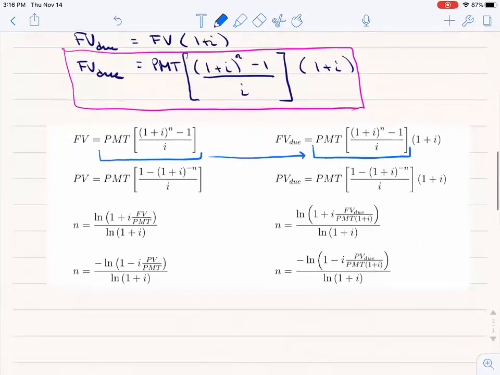Same thing if we go on to the present value due, it behaves the same way. We've just got that extra period of interest to deal with, and so this and this, they're the same.